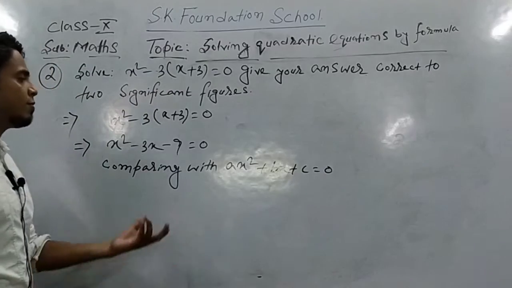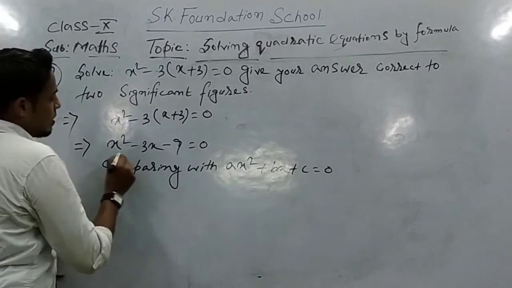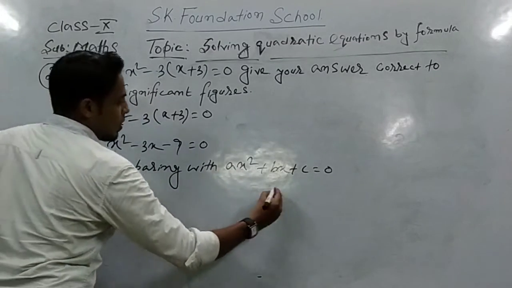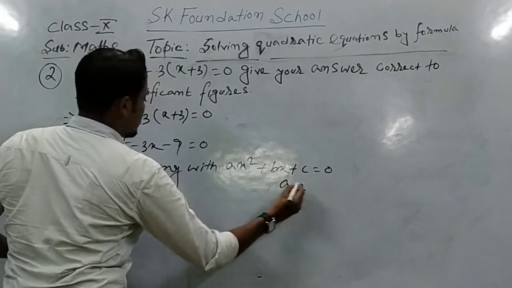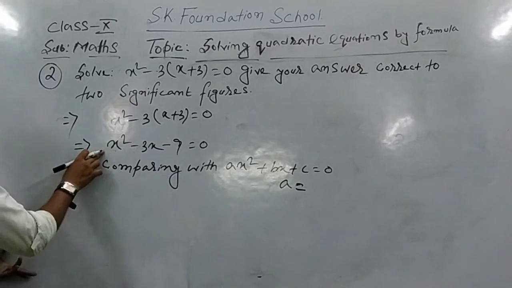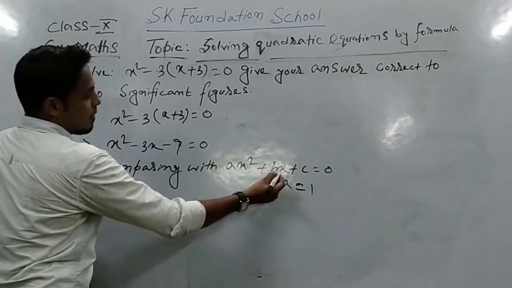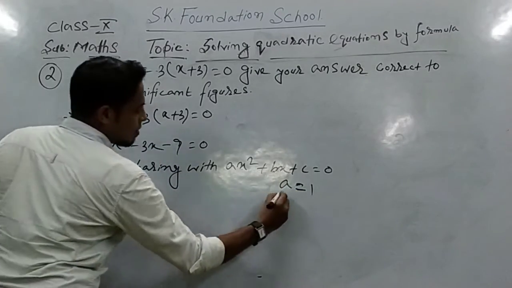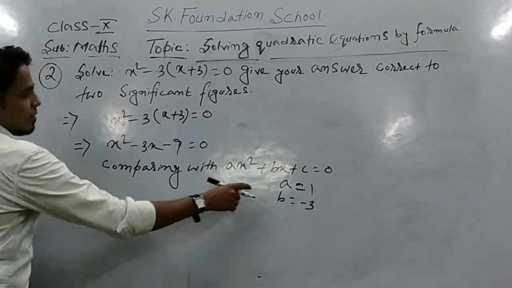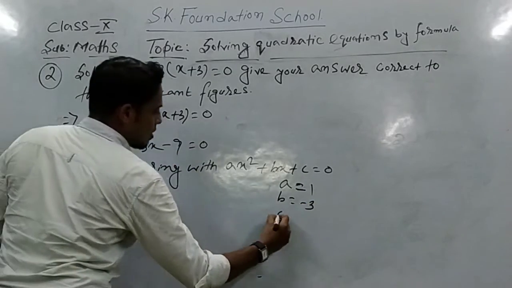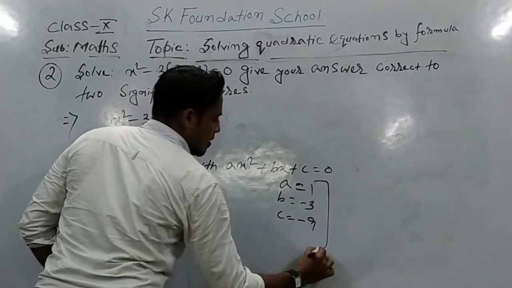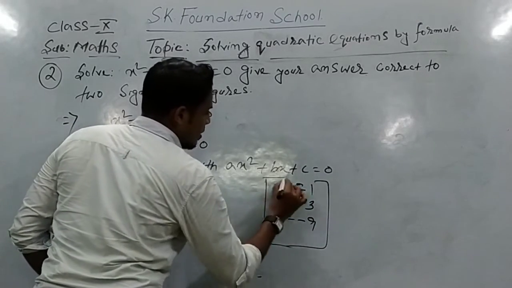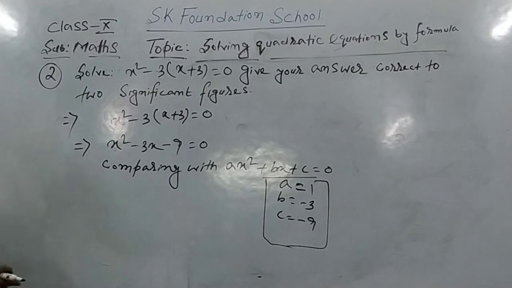When we compare these two equations, we get a equals 1, the coefficient of x square, b equals minus 3, and c equals minus 9. So a is 1, b is minus 3 and c is minus 9.